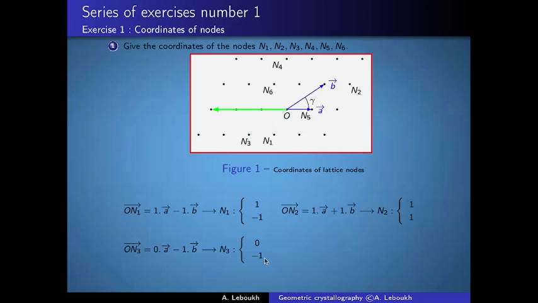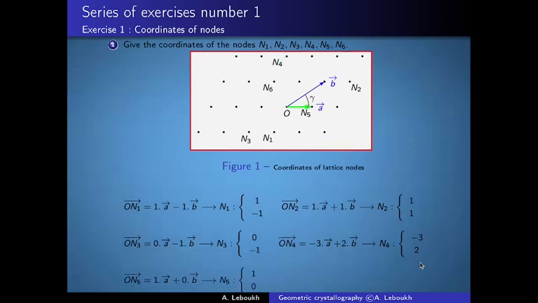For N4, we have to do minus 3A plus 2B. That is this translation here. And we obtain that the coordinates of N4 are minus 3, 2.